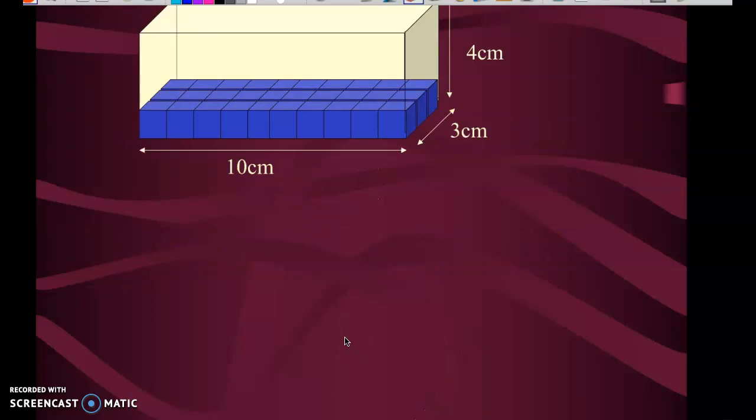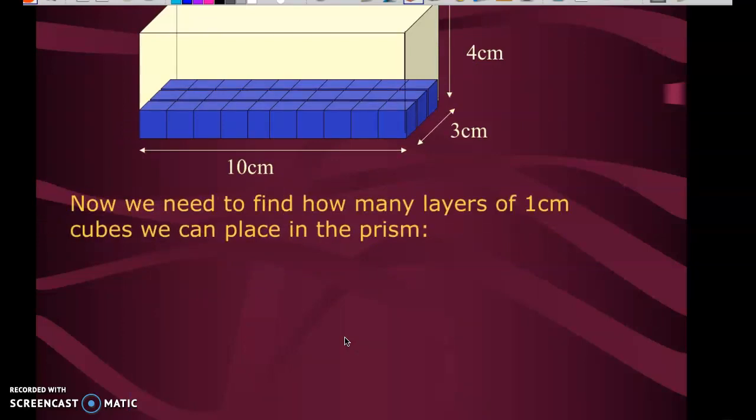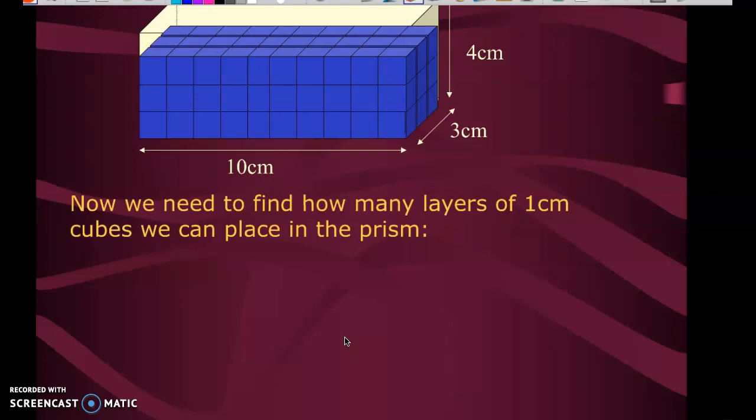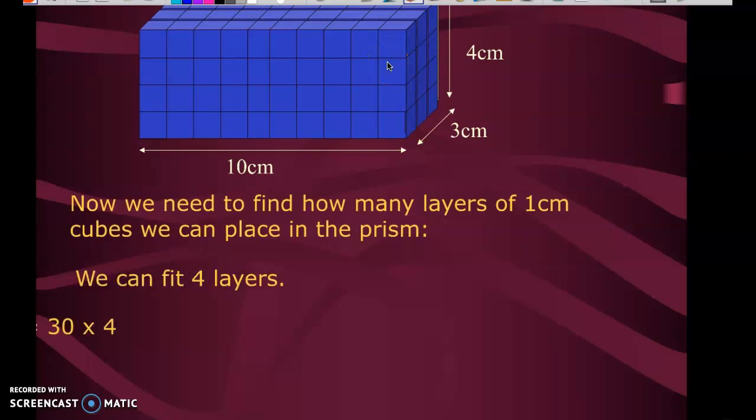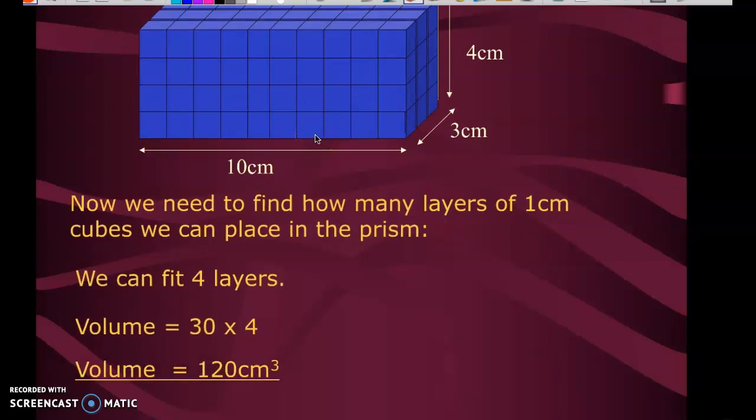We need to figure out how many of those layers we could put in here. Well, the height tells us we could put 4. So all in all, we can fit 4 layers, so the volume would be 30 times 4. Our volume is 120 centimeters cubed.